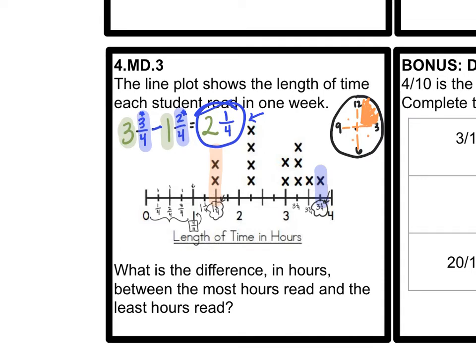So 1/4 of an hour is going to give you 2 hours total and 15 minutes, because between here and here is going to give you 15 minutes if you're counting by 5s. So I, of course, will accept the 2 and 1/4 hours or the 2 hours and 15 minutes. It's really up to you.